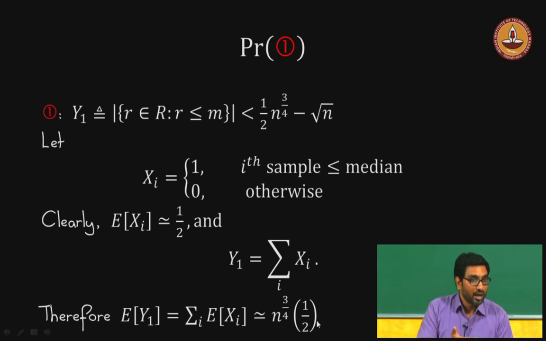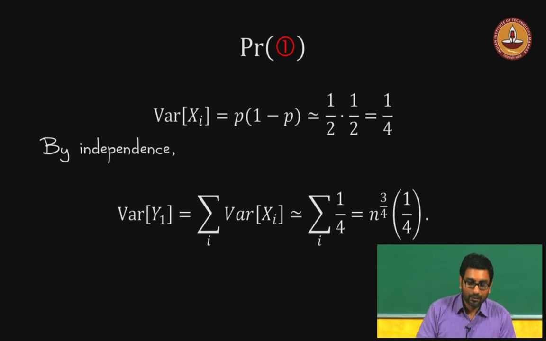Of course, that is only half the story, you need the other half, the variance as well. Again, it is easy to compute the variance for the individual xi's. It is p times 1 minus p, if you recall, this is just a Bernoulli random variable. And again the p and the 1 minus p are roughly a half, so the variance is roughly a fourth. And this is where independence helps.